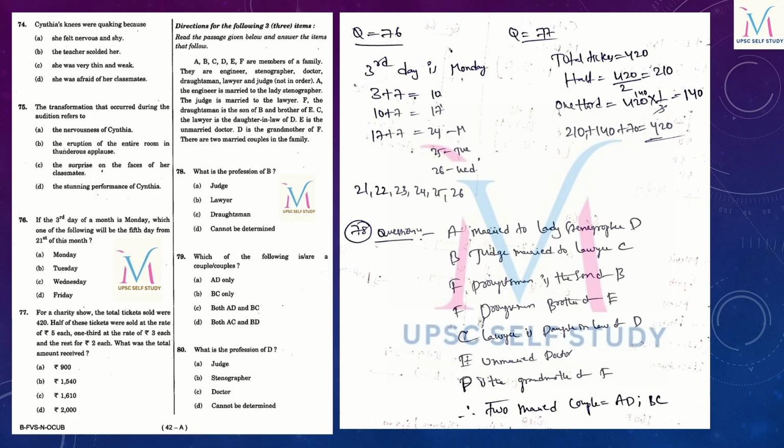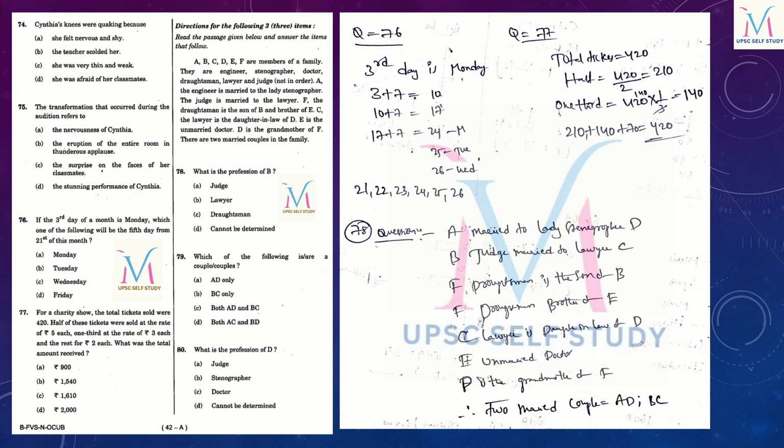C is the lawyer and the daughter-in-law of D. E is the unmarried doctor. And D is the grandmother of F. So in the question it is given that A, the engineer, is married to a lady stenographer.